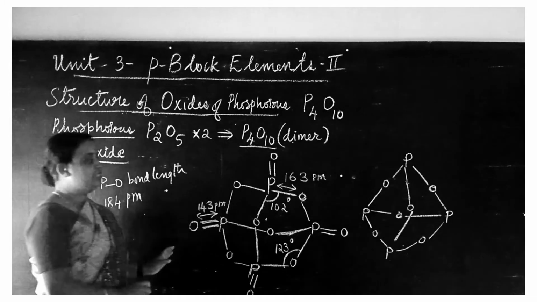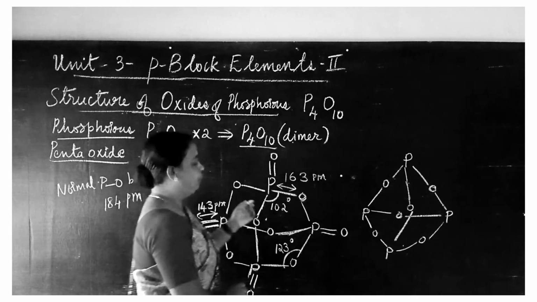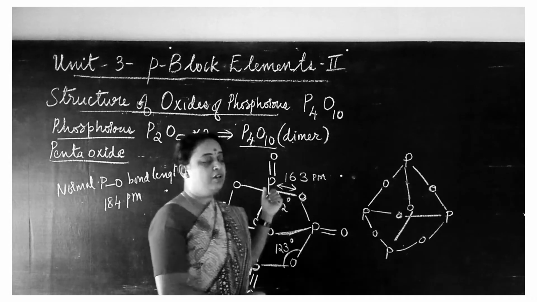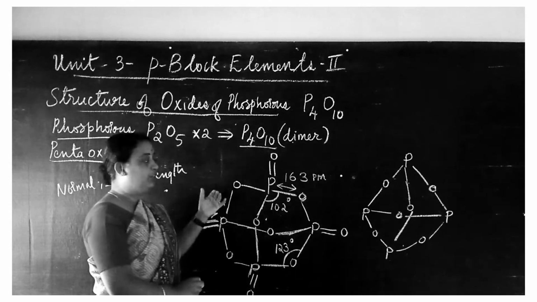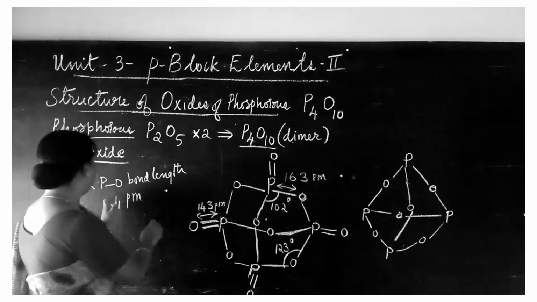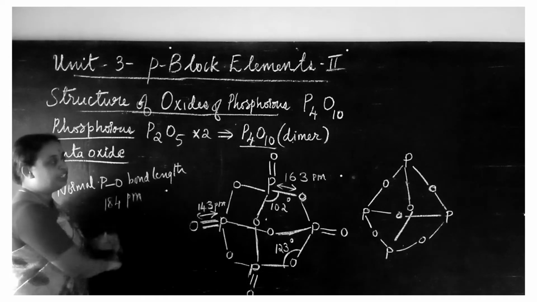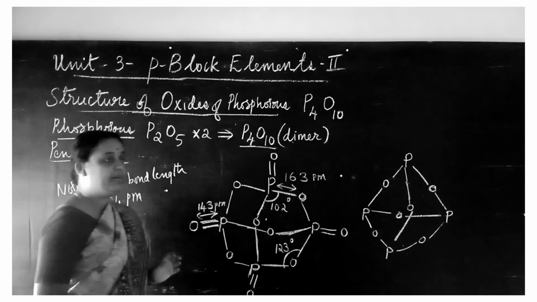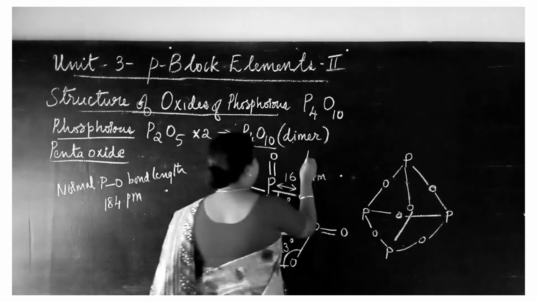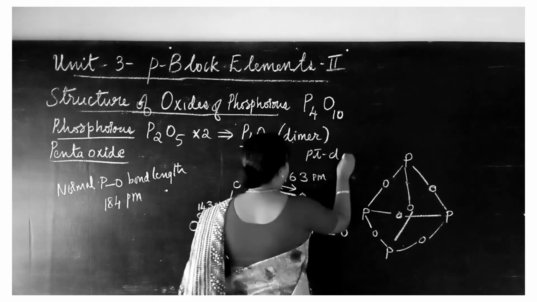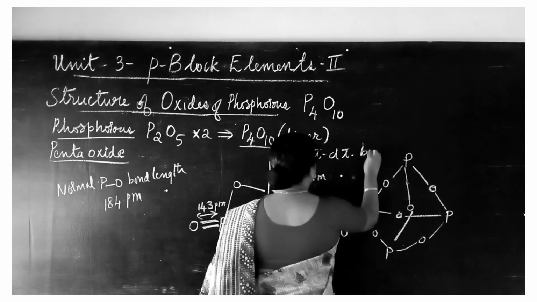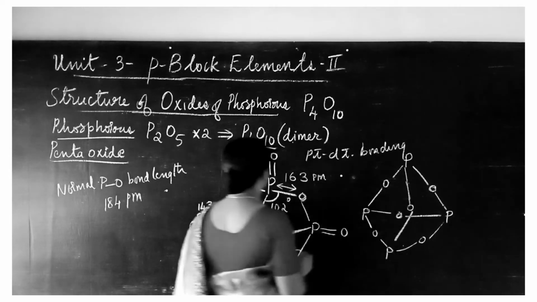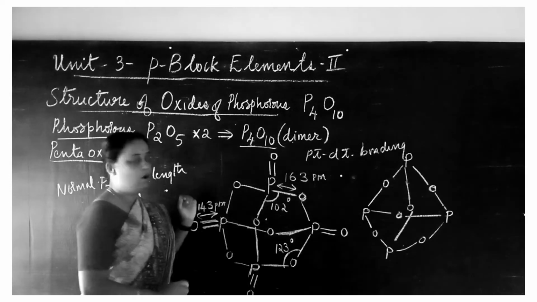So in this case, the phosphorus oxygen bond, that is the sigma bond, is 163, which is less than that of the normal phosphorus oxygen bond, that is 184 picometer. Okay. So because of this reason, what happens? A P pi D pi bonding is existing in this phosphorus pentaoxide.